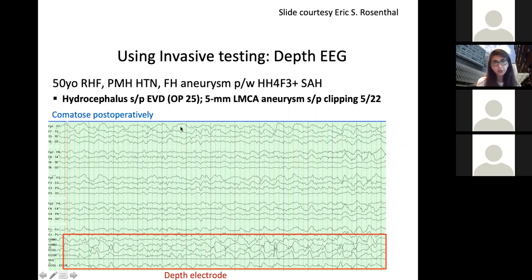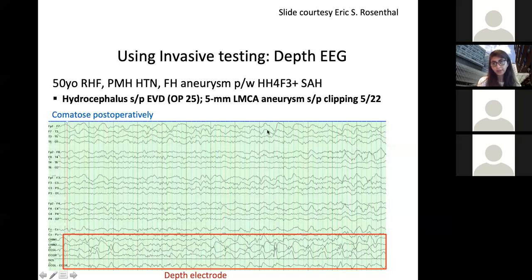This was a 50-year-old patient who presented with a subarachnoid hemorrhage, and after treatment of the aneurysm, the patient remained comatose post-operatively. On their EEG, the treatment team found lateralized rhythmic delta activity over the left hemisphere. This patient also had a depth electrode, and we can see the depth electrode recordings right here at the bottom of our screen.